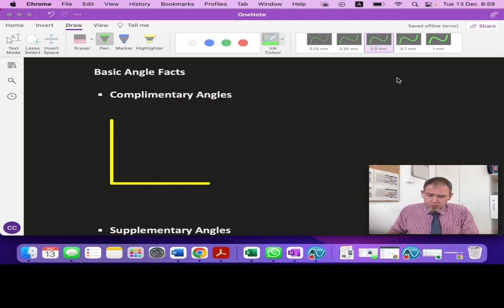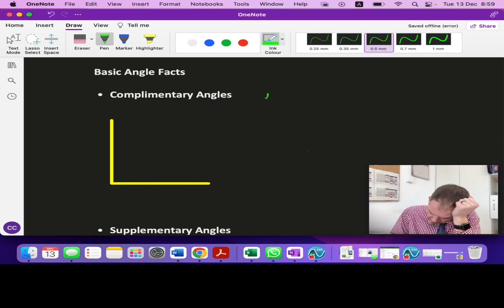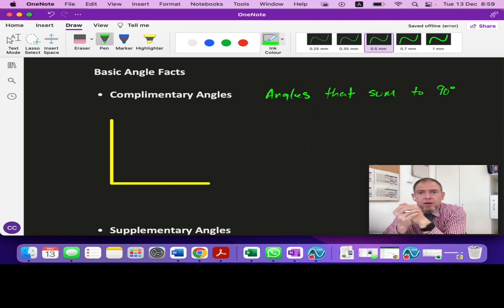If two or more angles are complementary, that means that these are angles that sum to 90 degrees. So complementary, they sum to 90, they form a right angle. Not a big deal.